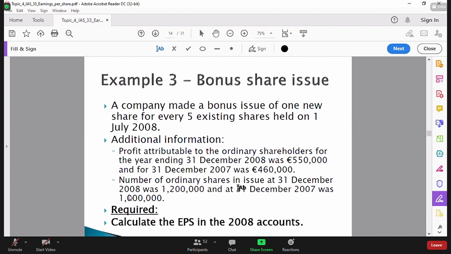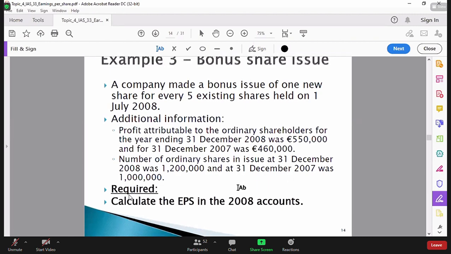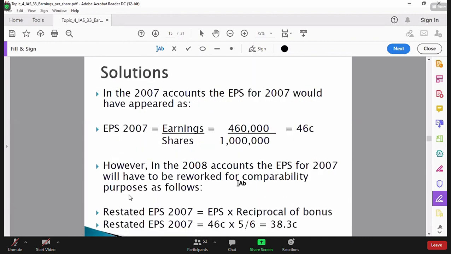Because we want to make it comparable, as the question mentioned, first of all you need to calculate the 2007 EPS first, even though the question wants you to calculate EPS for 2008. To calculate EPS for 2007, you have profit for 2007, which is 460,000.